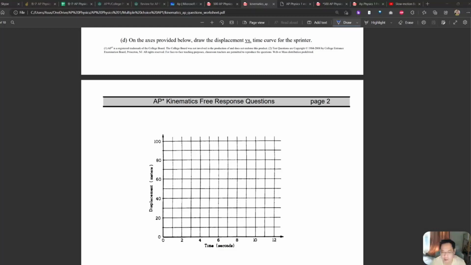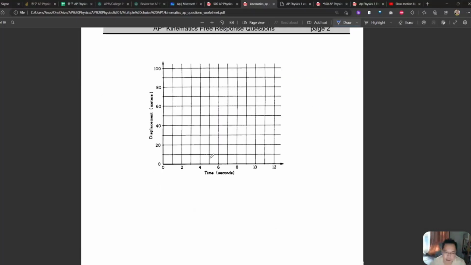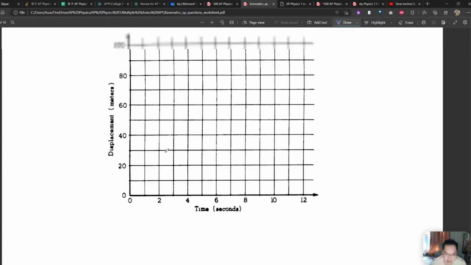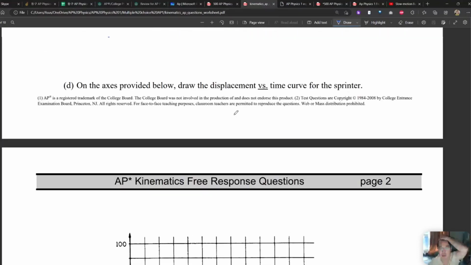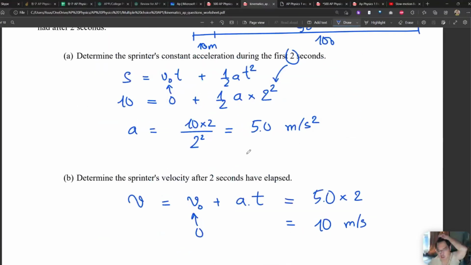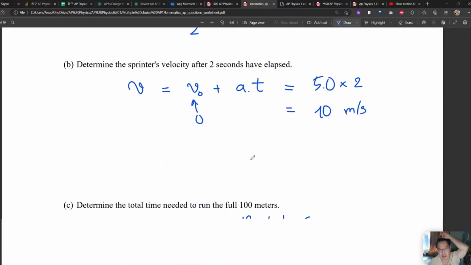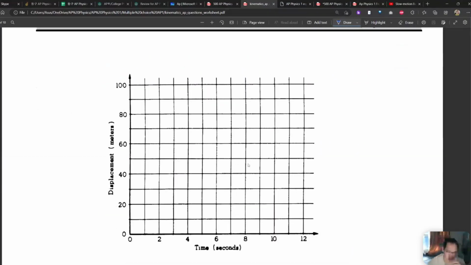The graph of displacement: for the first 2 seconds, she accelerates with an acceleration of 5 meters per second squared. The final displacement is 10 meters after 2 seconds.